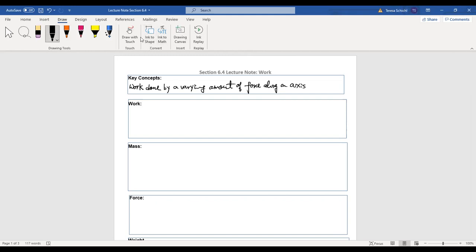So let's take a look at the definition of work. Like I said, the way I would like to approach this lecture, we just review some basic physics definitions. So what is work?